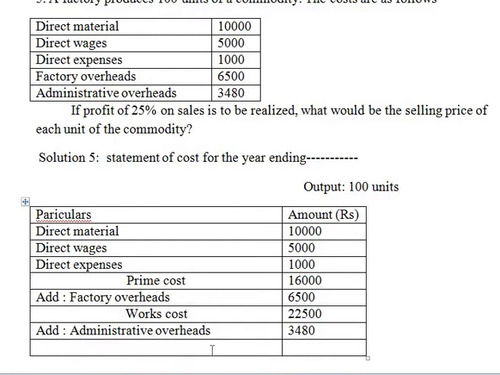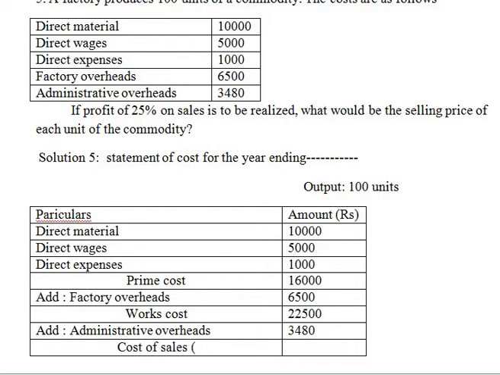Now this would be called cost of production, but in the problem they have not given selling and distribution overheads. So this itself will be called as what? Cost of sales. Understanding?